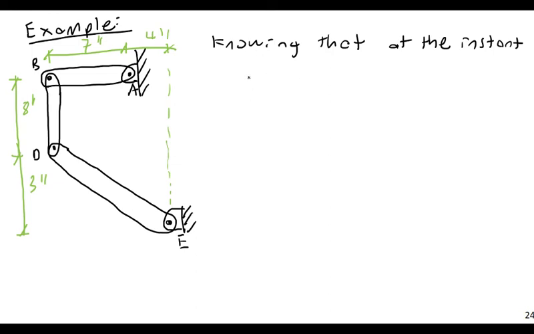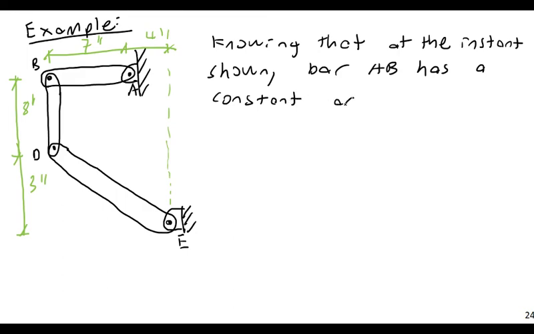The instant shown, bar AB has a constant angular velocity of 4 radians per second clockwise. So it's actually going to go up like this.